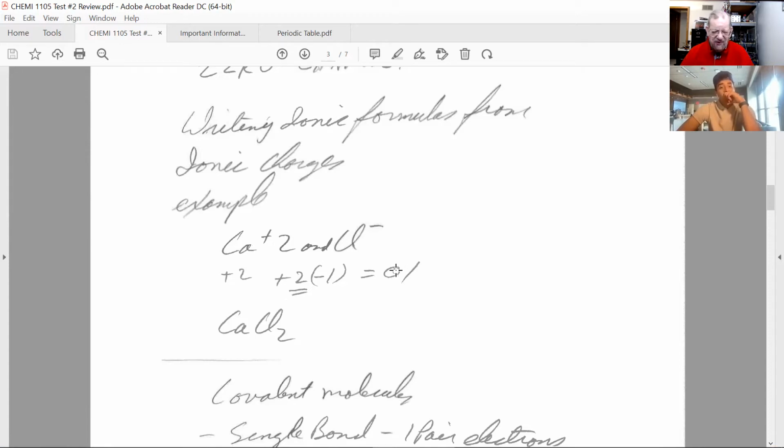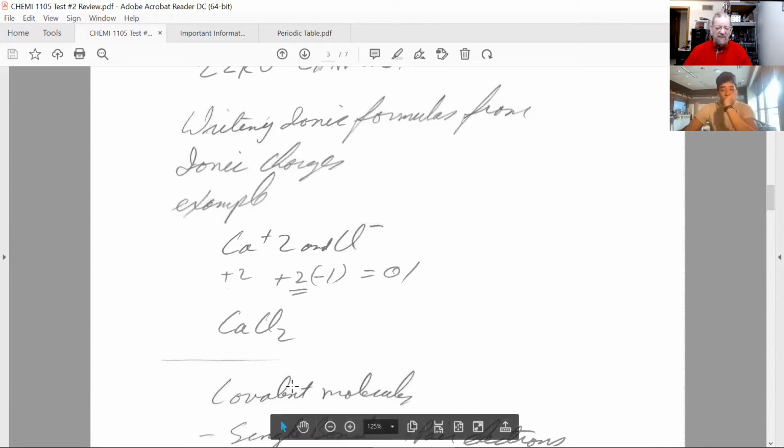It should be a 0 with a line through it. It doesn't, so you can't change the charge, but you can change how many of that ion is present. Here, if I have 1 calcium, 2 times -1 would give me 0. So that tells me I have 1 calcium and 2 chlorines. And remember, for polyatomic ions, if you have more than one, you put it in a bracket.